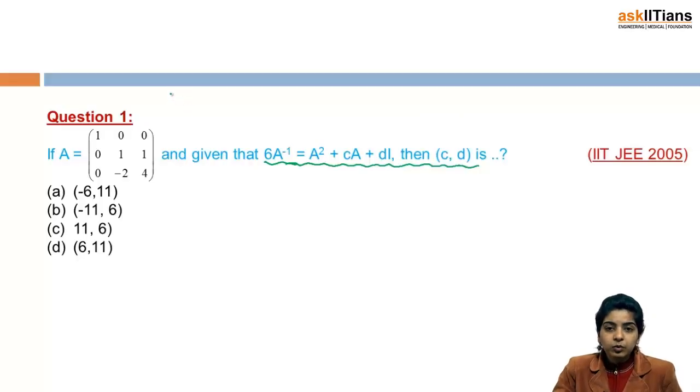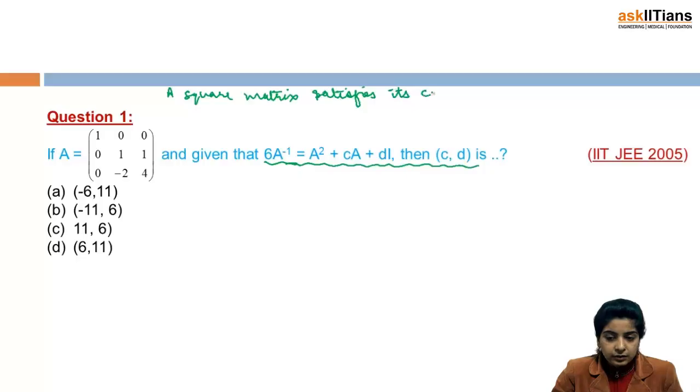So just remember one more concept that is generally used in such questions: a square matrix satisfies its characteristic equation, which is determinant of A minus lambda I equal to 0.